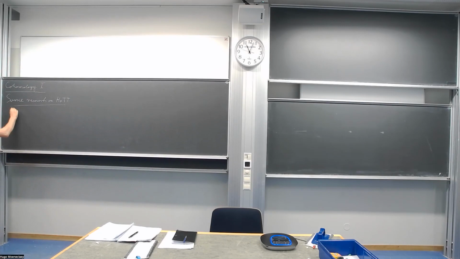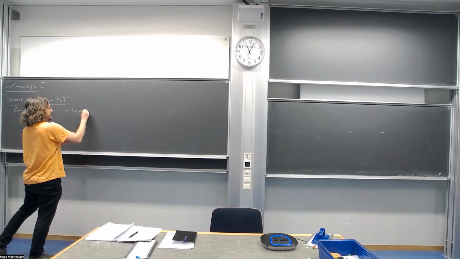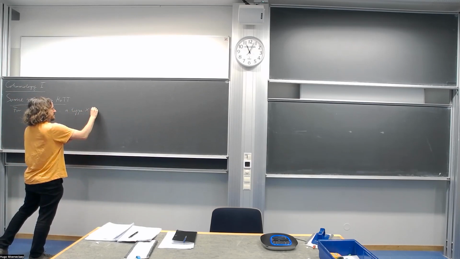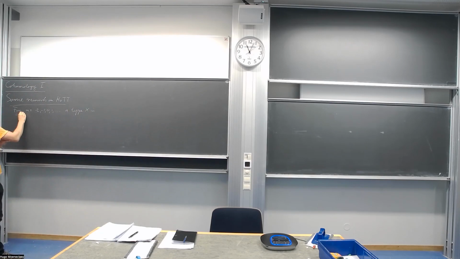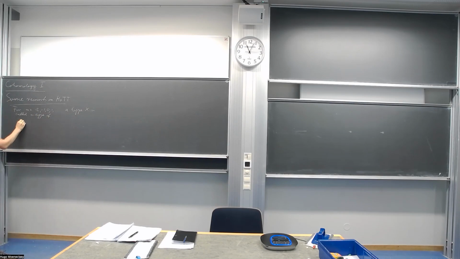So for n actually starting at -2, for historical reasons, I guess, the type X is an n-type if, and now we make a case distinction.